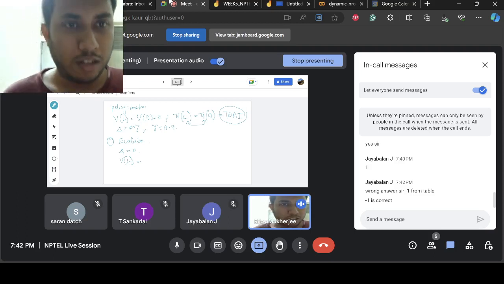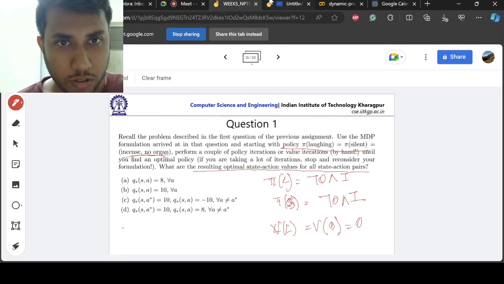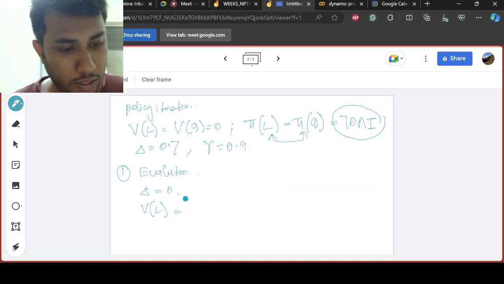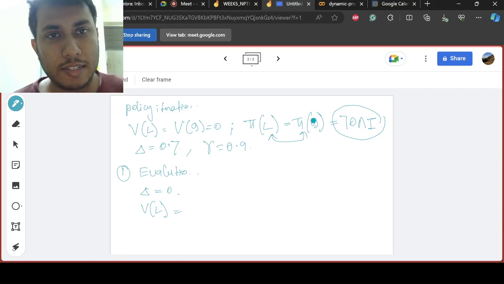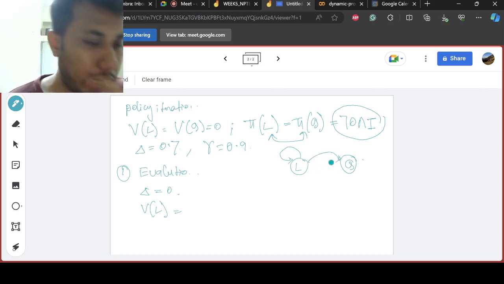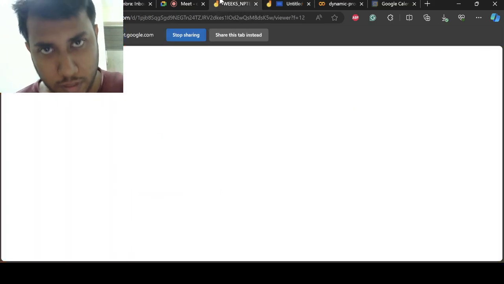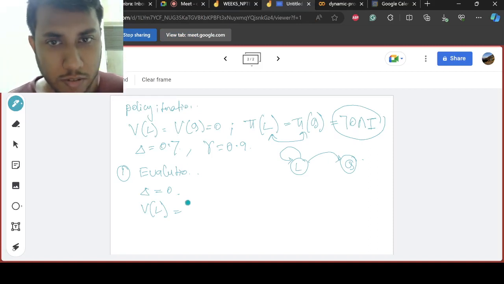Yeah, from the table you cannot say it like that. Let me write down the equations and then let's do it. From L, what are the states you can go to? From L you can go to L, or you can go to the state Q. These are the only two states you have. So let's write it down.